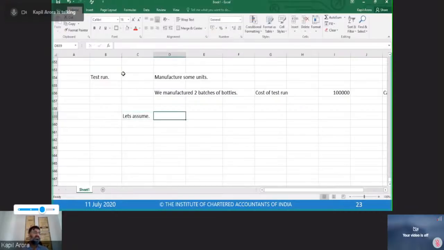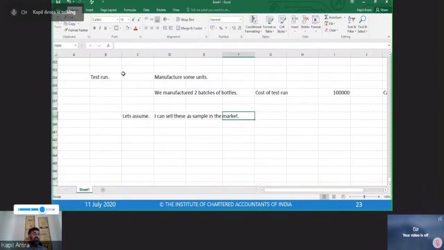But let's assume these 2 batches of bottles which I have produced with 1 lakh rupees, I can sell these as samples in the market.